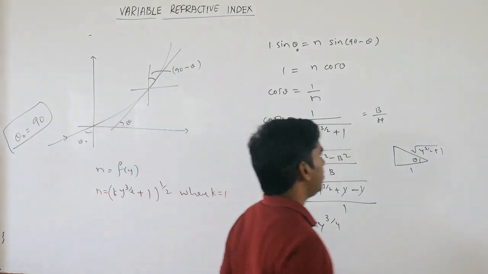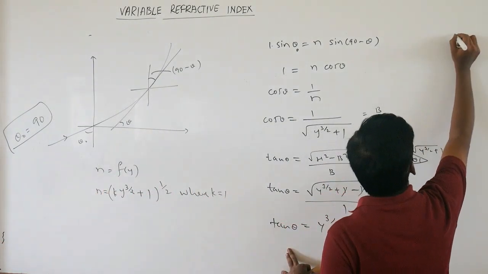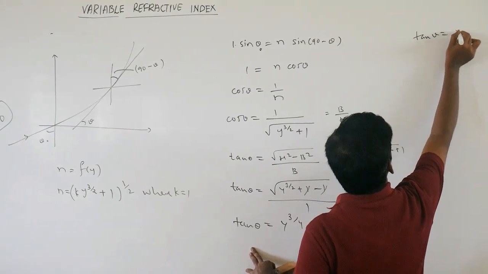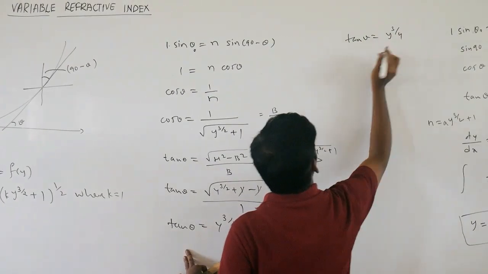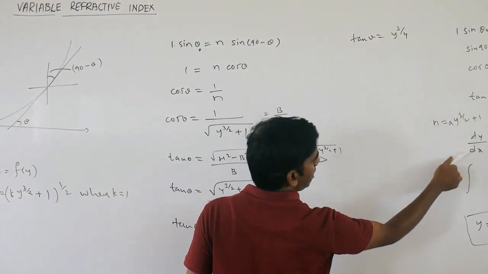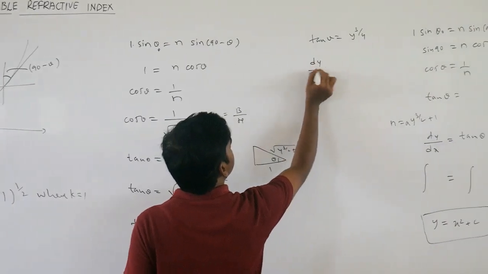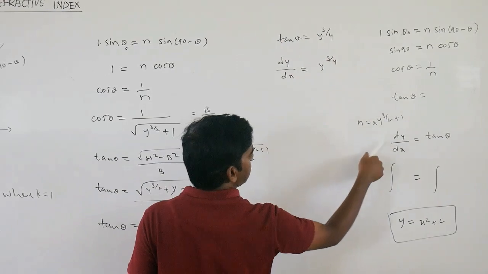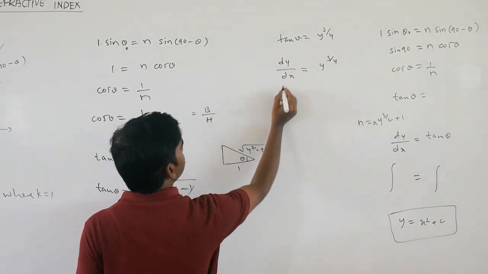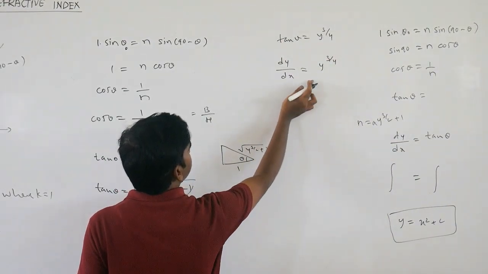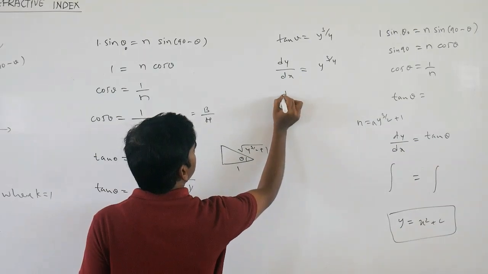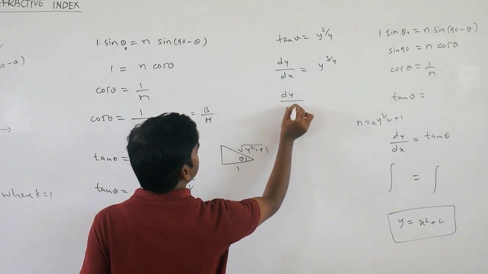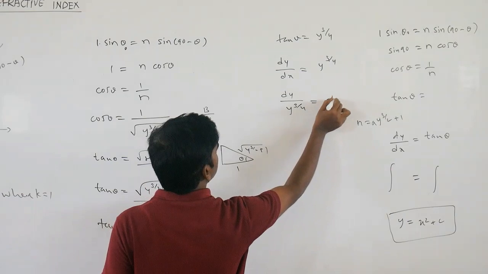Tan theta, you have to equate to dy by dx. So dy by dx equals y raised to 3 by 4. What is the next step? Integrate it. So dy divided by y raised to 3 by 4 equals dx.